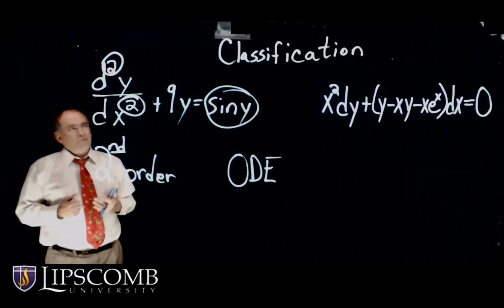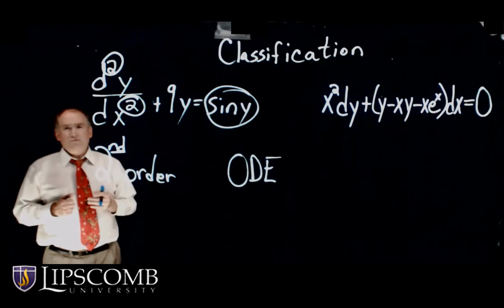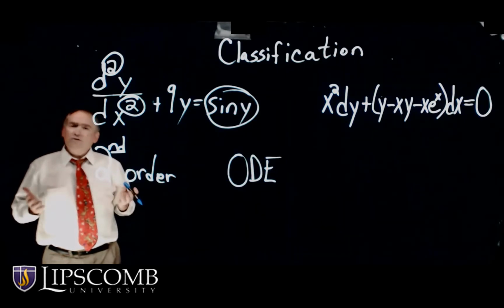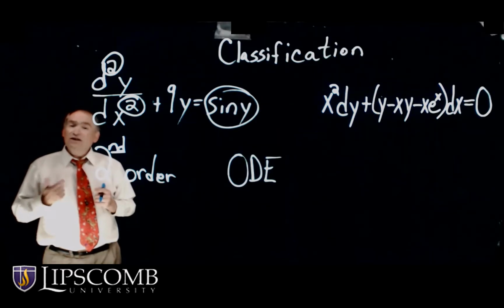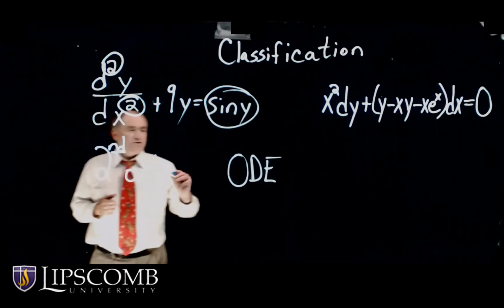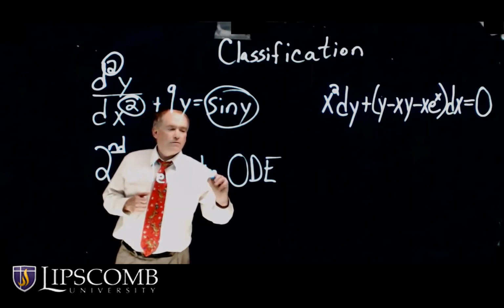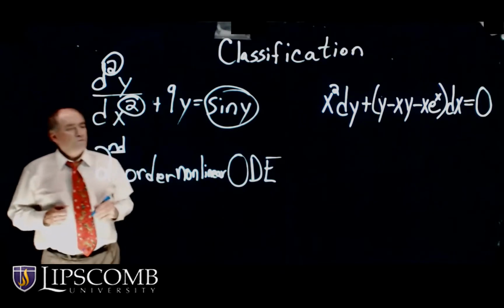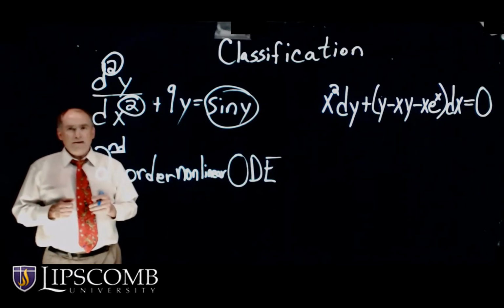But the second problem is sine is a transcendental function. So therefore, it's a transcendental function of the dependent variable. So that makes this non-linear. So we have a second order, non-linear ODE.